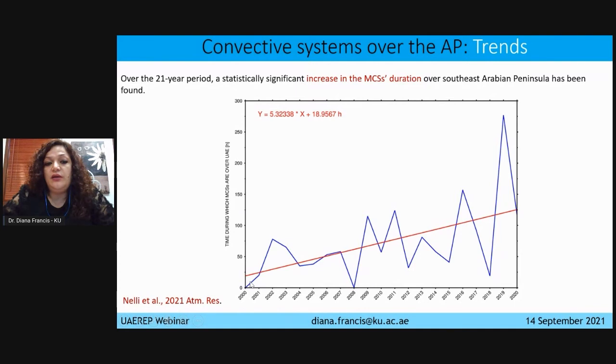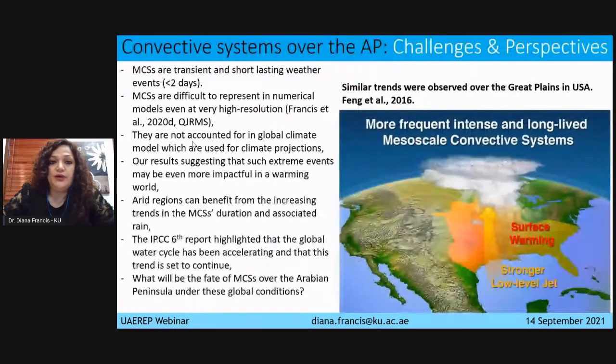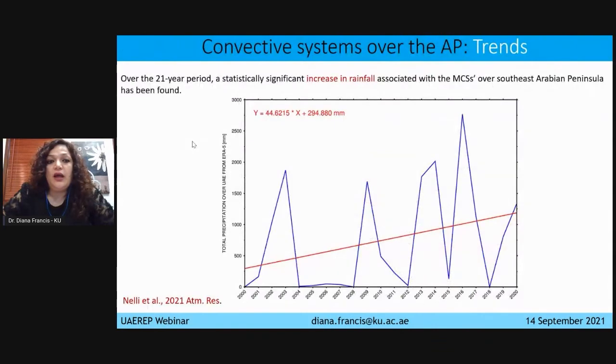And we observed an increasing trend in the duration of mesoscale convective systems, meaning how long they last once they form. And also we observed an increase in the rainfall that is resulting from these mesoscale convective systems over this period of interest.